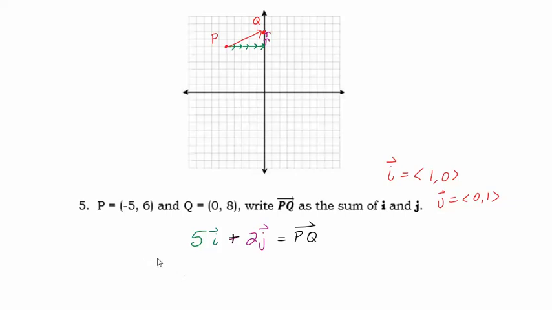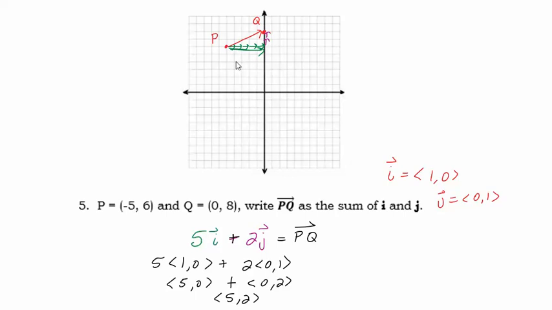So if I have 5 vector i's, vector i is 1, 0, and 2 vector j's, that's 0, 1. So this is going to be the vector 5, 0, which is really just giving you a vector this long, and the vector 0, 2. If I add those together, I get the vector 5, 2, which is the vector PQ in standard position.